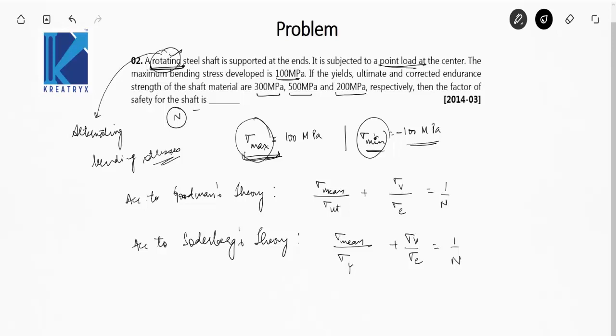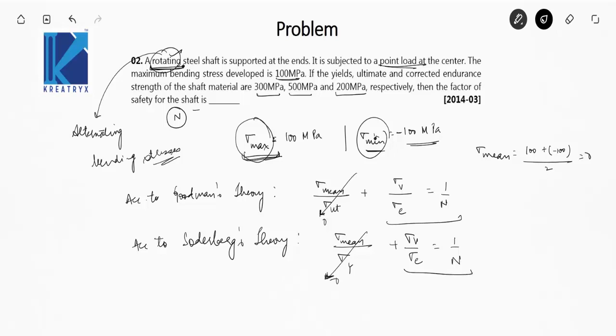You see that sigma mean is 100 plus minus 100 by 2, that is 0. So this term becomes 0, and we see the equation is the same for both Goodman and Soderberg in this case.